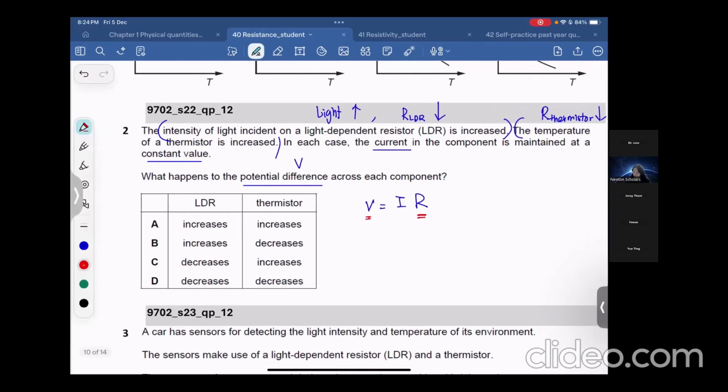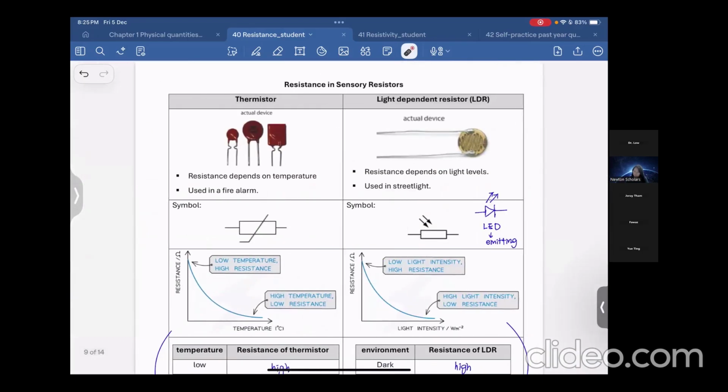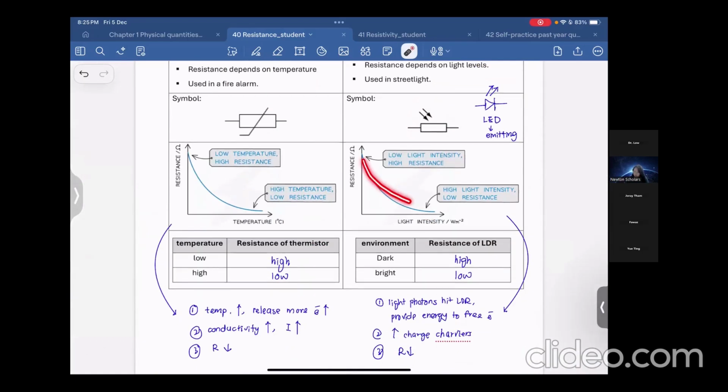So this one is constant. So they will be affected by the R and V, they are directly proportional. So when your R decrease, your V should be decreased. Fawa, correct. So just now at here, light intensity increase, resistance decrease. Why? LDR, okay, light intensity, more light at here, 0 at here, this one maybe whatever, 100 or what.